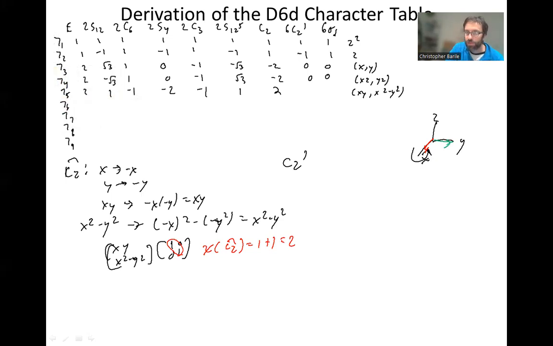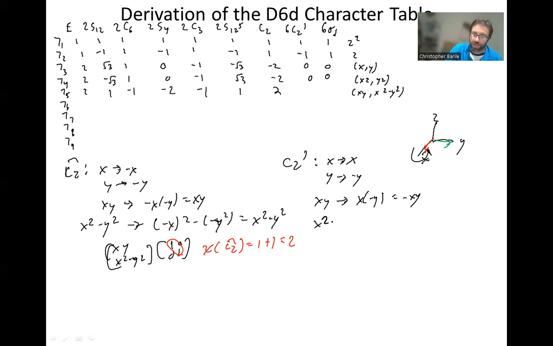Well, of course, if you do a rotation along the axis that you're rotating, like this 180 degrees, your direction of your vector stays the same. So x goes to x. We did this way back when in the previous video. But y is going to go to negative y. And so when that happens, xy goes to x times negative y, which is equal to negative xy.